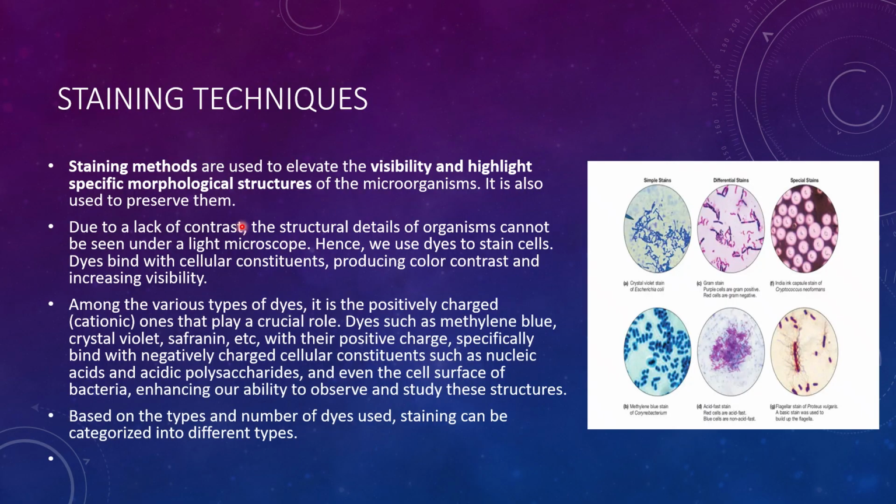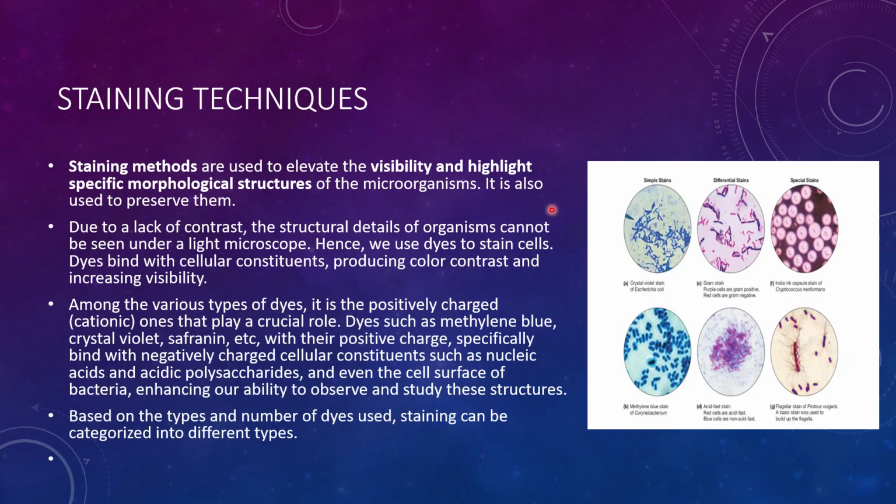Staining techniques. Staining methods are used to elevate the visibility and highlight specific morphological structures of the microorganisms. It is also used to preserve them. We stain or color the specimen mainly to elevate, that is to increase the visibility, and to highlight the specific morphological structures.